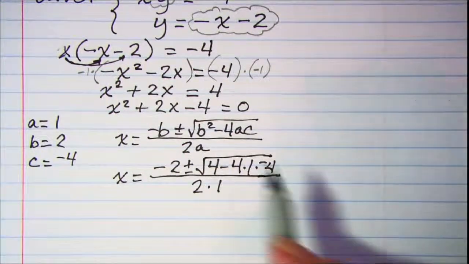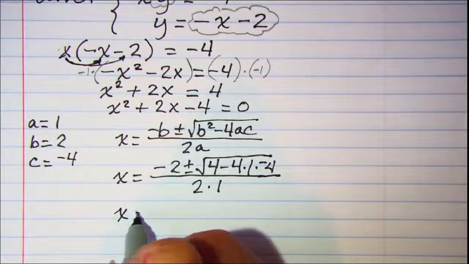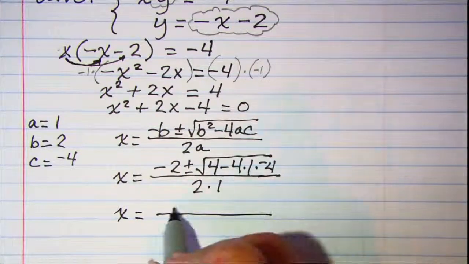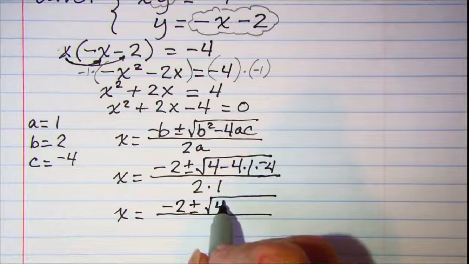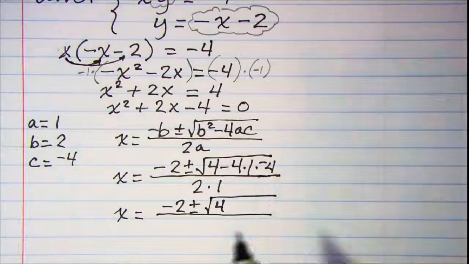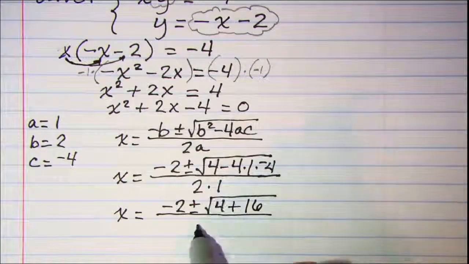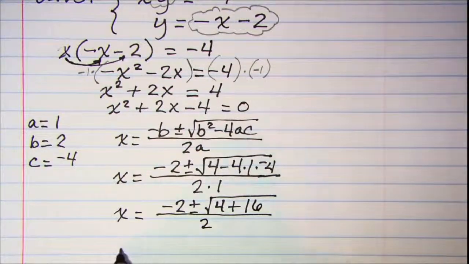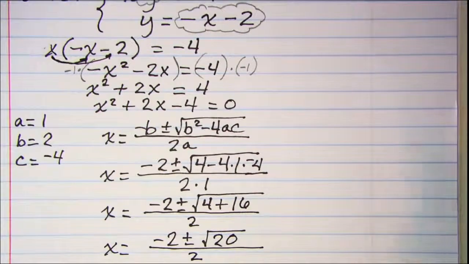Now we need to do this multiplication back here first, so let me copy the stuff that's not affected. -4 times 1 is -4, times -4 is a positive 16, and then 2 times 1 is 2. So x is equal to -2 plus or minus root 20 over 2.